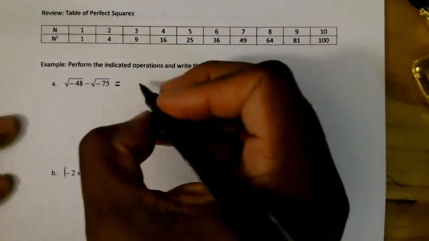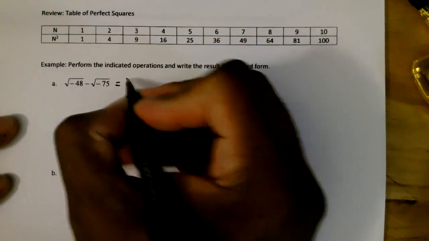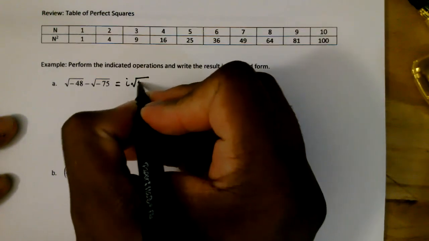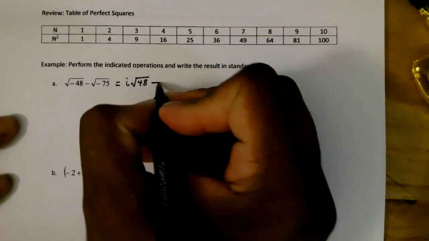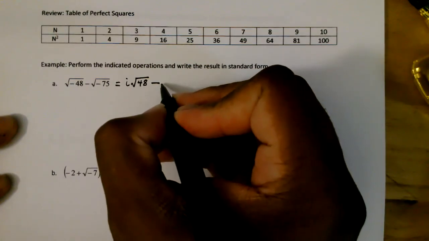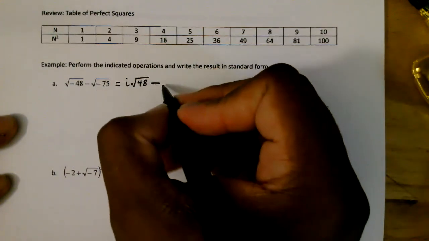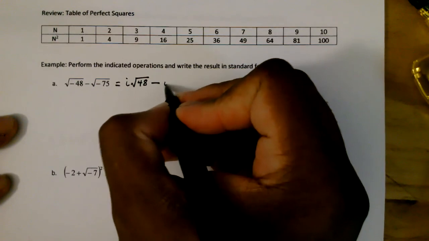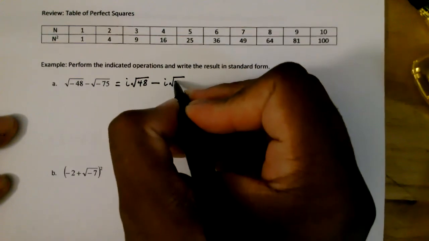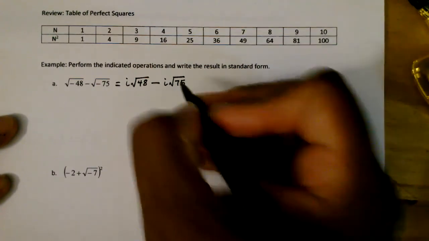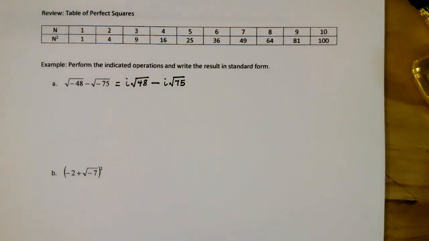So the square root of negative 48, I can write that as i times the square root of positive 48, minus the square root of negative 75. I can pull the i out, so it'll be minus i times the square root of 75.